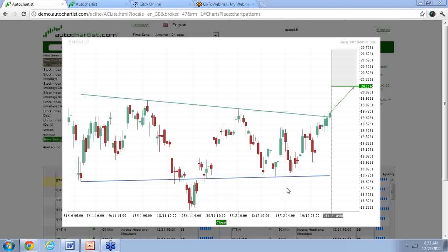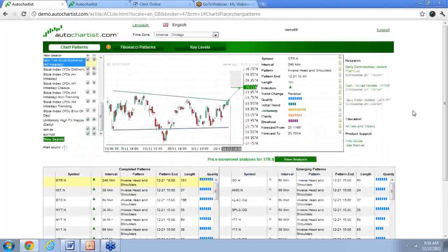Now, I want to mention something about an inverse head and shoulders pattern. All right, this is a shoulder, this is a head, and this is a shoulder. Inverse patterns, okay, are always reversal patterns, okay? And they always indicate that the market could be bottoming, an inverse head and shoulders.